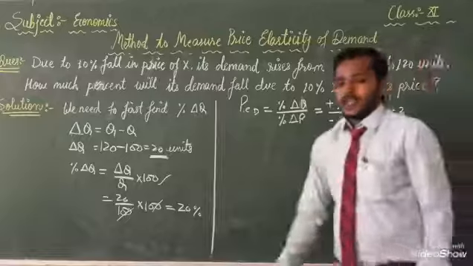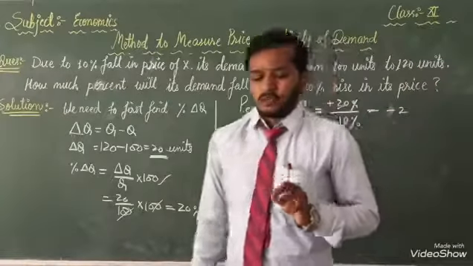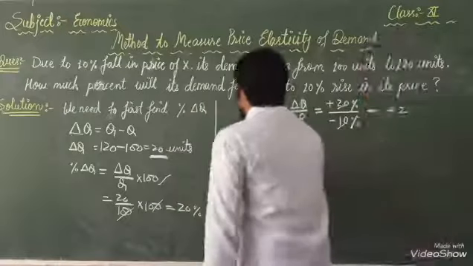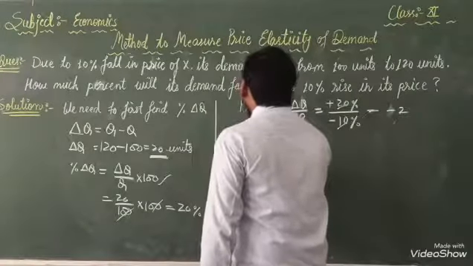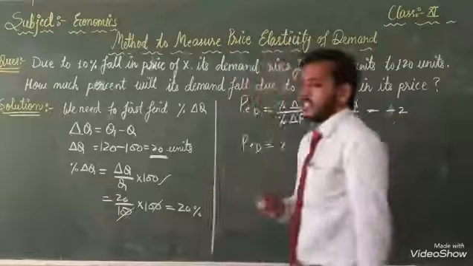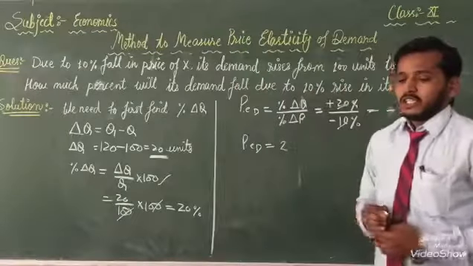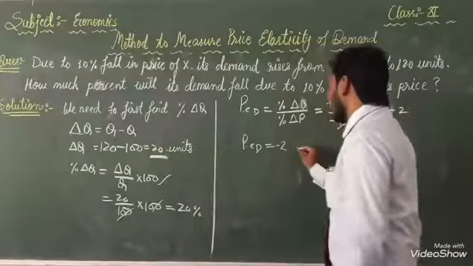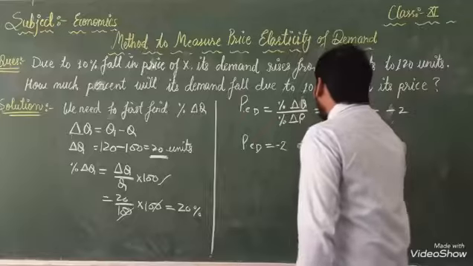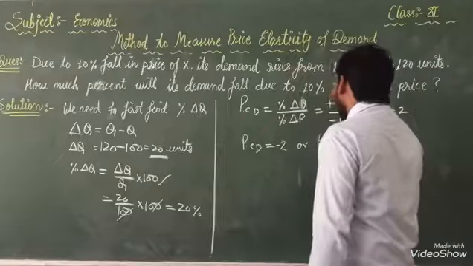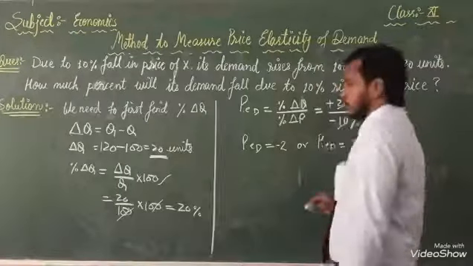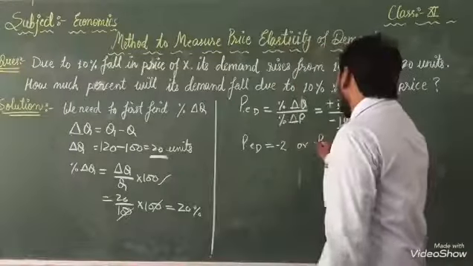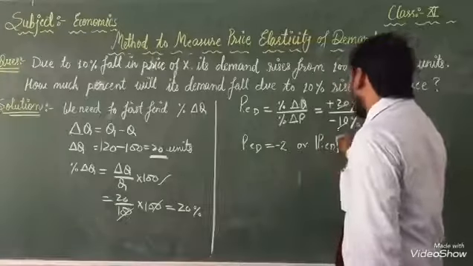Minus 2 will be there in front of you, but when you write price elasticity of demand, you have to write only 2. Otherwise here you can write price elasticity demand equal to 2.